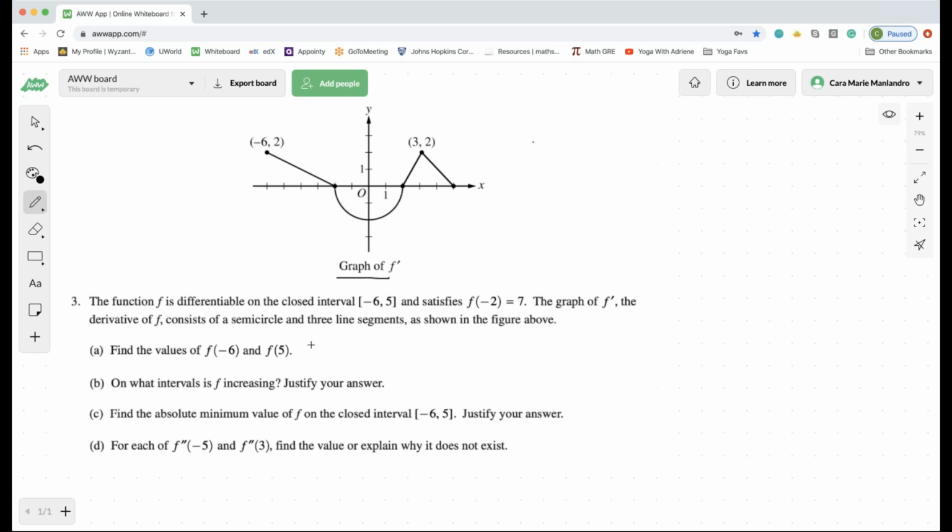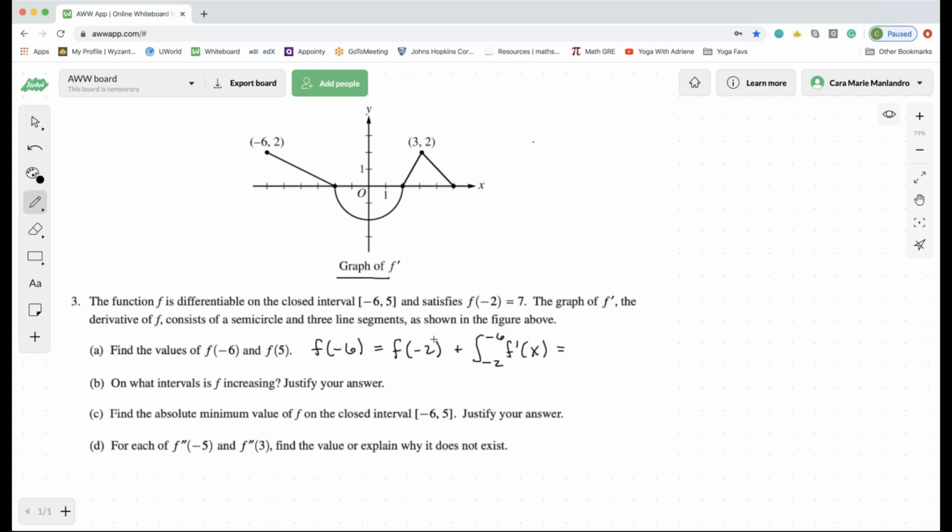Here is how I would set this up. f of -6 should be f of -2 plus the integral from -2 to -6 of my derivative. That would give me the area that is encompassed by that derivative graph.